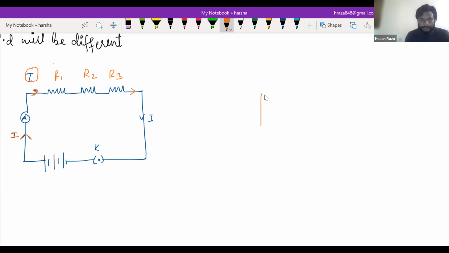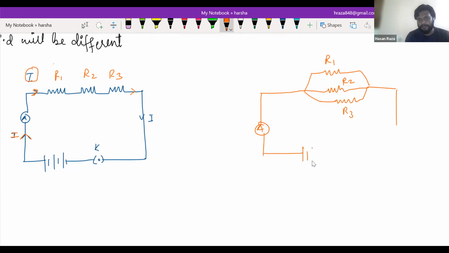You can see, this is R1, this is R2, this is R3, this is the ammeter, these are the batteries, this is the switch.